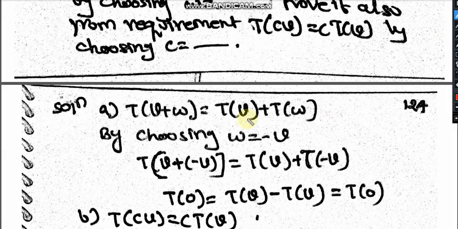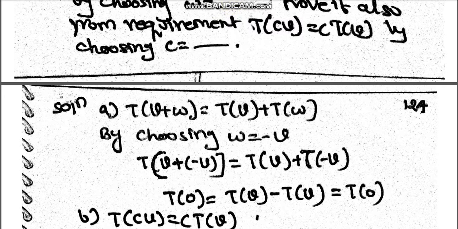If I choose W equals minus V, automatically what happens? This becomes 0, and here the transformation of V and minus V, I can take the minus 1 outside, so from P of V plus W you get P of 0 equals 0. So similarly, you can prove it next. What is the value of W?